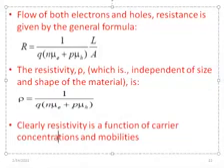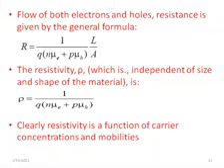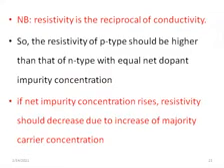If you look at this clearly, the resistivity of any material is a function of its carrier concentration, because mu E and mu H are constant for any semiconductor material, as we have said, but n is variable and p is also variable. So they are the parameters that determine the resistivity of any semiconductor material.